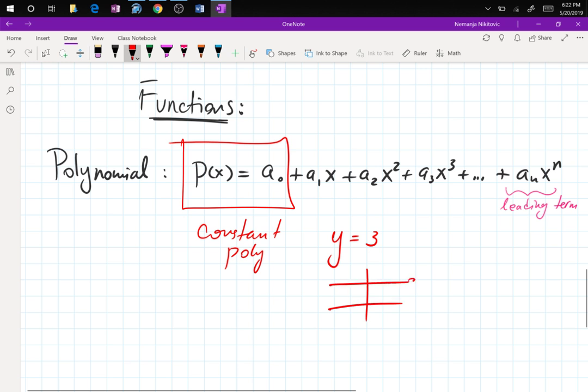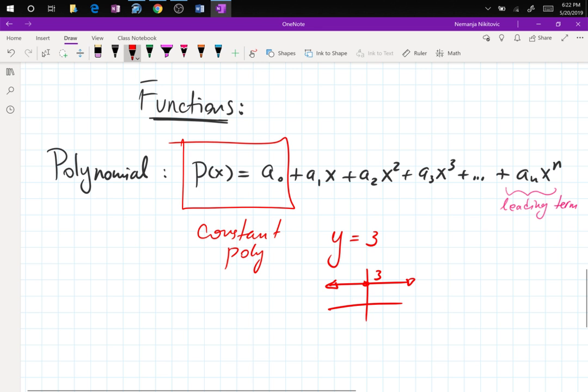You can graph that as just a horizontal line through 3. So, if you have just y equals a number, that's the cheapest polynomial you can have. And it's just a constant polynomial. You can already see that there is no change in that one. It's always 3. What's the subscript there? Is that a 0? Yes.